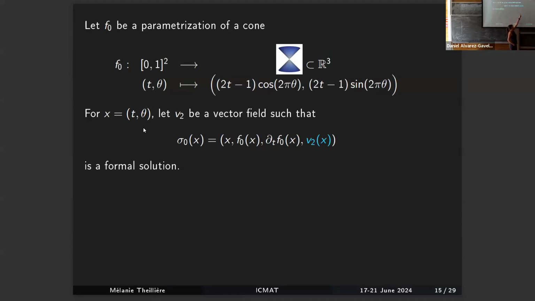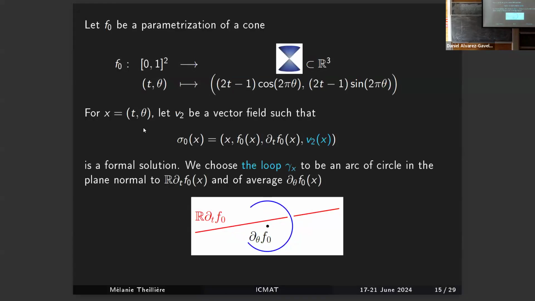We just have to find one vector field which is linearly independent of this partial derivative, and we have our formal solution. We need only one step here because we only have to modify one derivative, the second, to replace v2. So we can remove the singular point of the cone in one step.